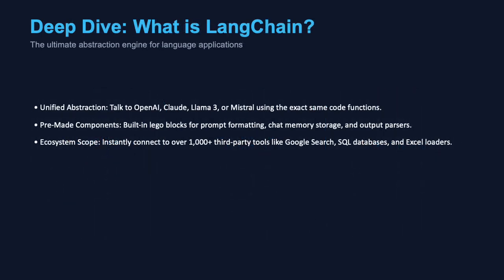Let's do a deep dive into the superstar of agent frameworks, LangChain. What is its secret superpower? Think of it like a universal travel adapter. Think about a scenario where you're traveling from India to America, Europe, or Australia, and you try to carry your power adapter for your laptop charger.